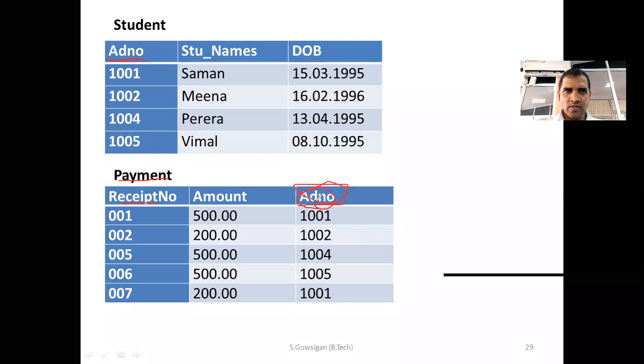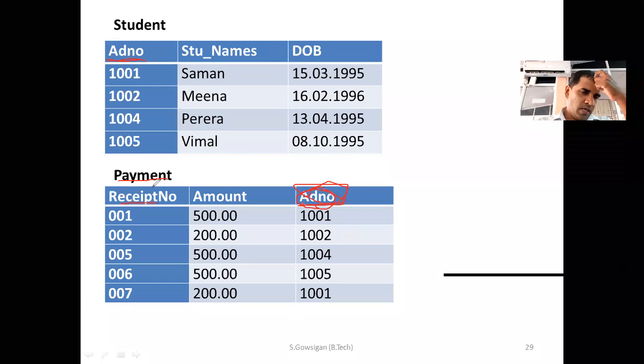No. Why? What's the reason? It is a foreign key. No. What is the reason? Forget about the foreign key concept, right? Is it possible to set this ADNO as primary key in the payment table?